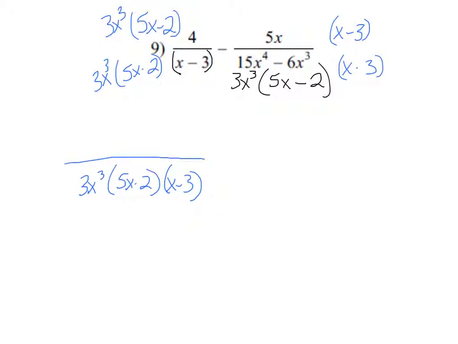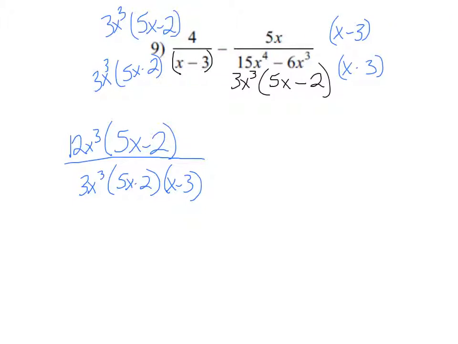All of that is going to have to be my common denominator. So let's see what we need to do on the top. Anytime I have monomials, I'm going to probably group those together first. So right there is a 4 times a 3, so that's a 12x cubed. And then the 5x minus 2 is still there. On the right side, I just have to take this 5x times this x minus 3. But look there, you've got a minus sign. That means I'm subtracting everything after that.